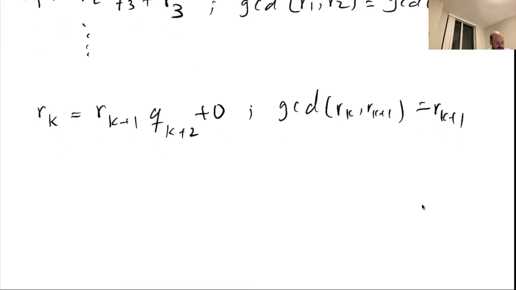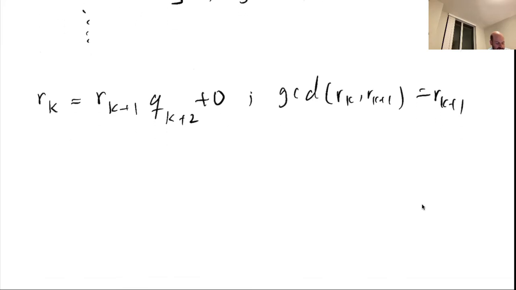So this is the end of the algorithm. So the algorithm finishes or ends once we get a 0 remainder.